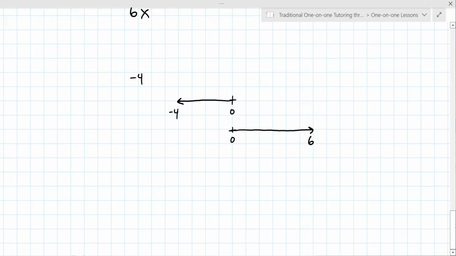So one of the things you can do is imagine going backwards now from 6.